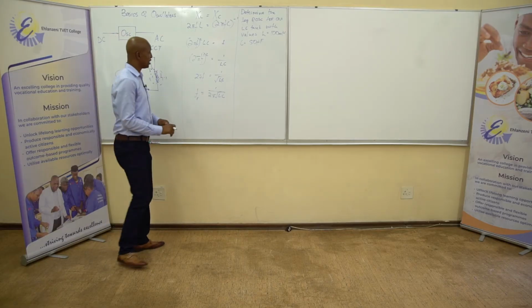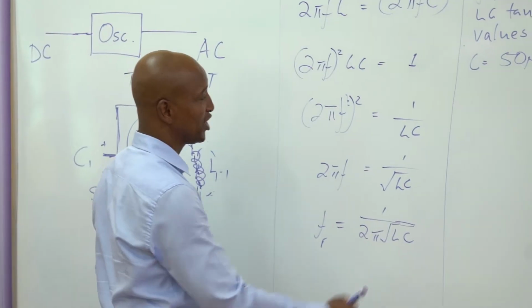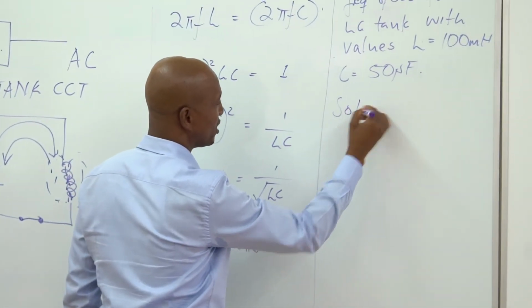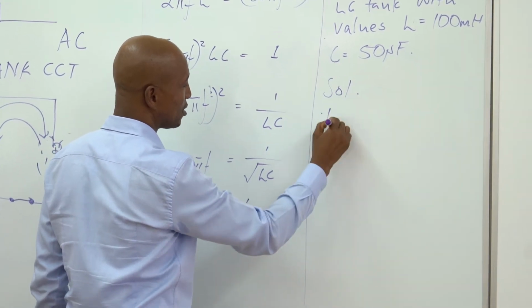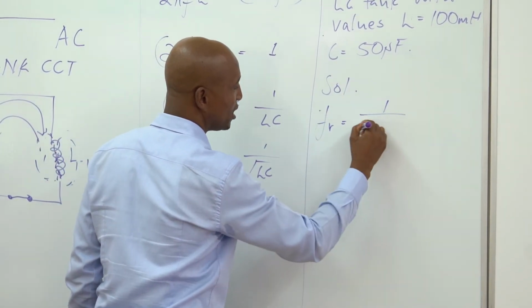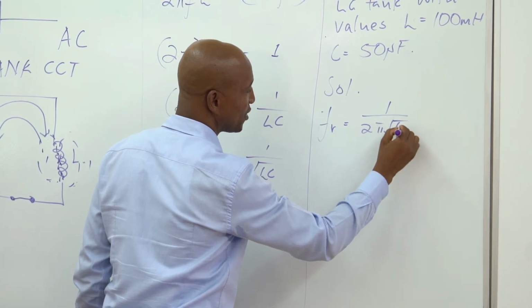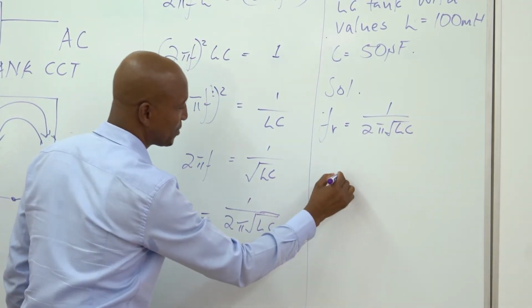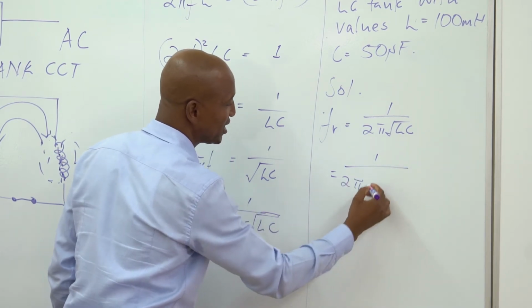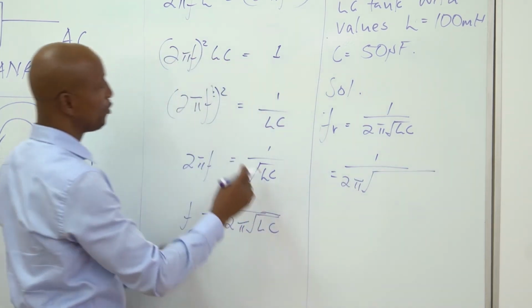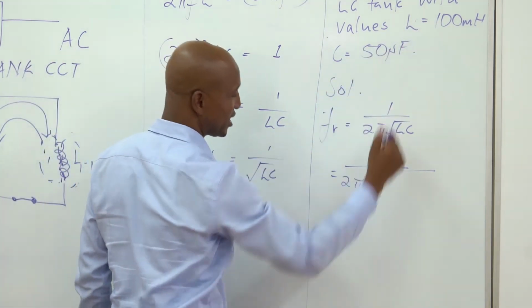For you, you now know that the frequency of oscillation, our solution, FR is equal to 1 over 2 pi square root of LC. Let's substitute: 1 over 2 pi, which is a constant, the square root. What's the value of L? The value of L is 100 millihenries.